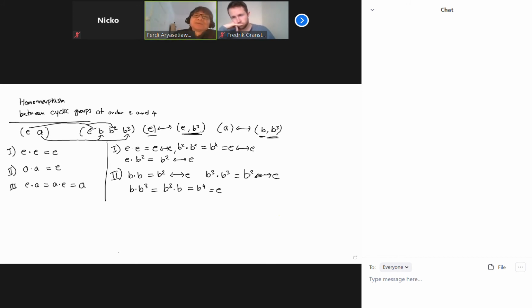So you have this homomorphism between the group E, A, and the other group with 4 elements: E, B, B squared, and B cubed. Now you associate the unit element in the first group to E and B squared, and the element A with B and B cubed, right?